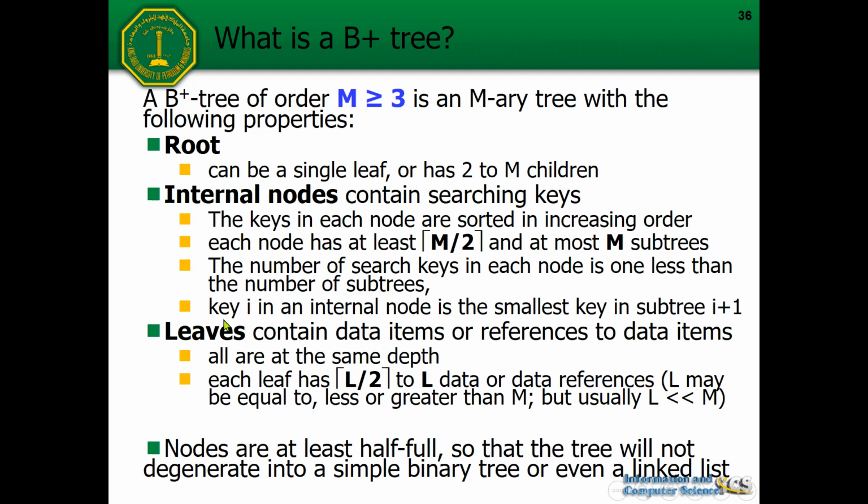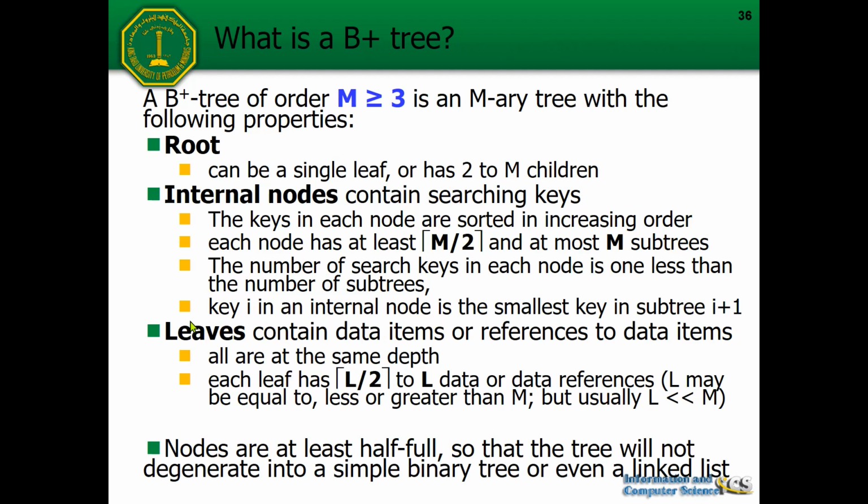Let's look at the most important thing, which is the leaf component. This is the main difference from the B-tree. In the B-tree, when we want to insert data in terms of keys, we can insert that data as the root, as the internal nodes, and also in the leaf. But in the B+ tree, we can only insert the data into the leaf.